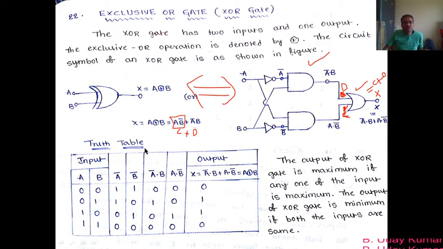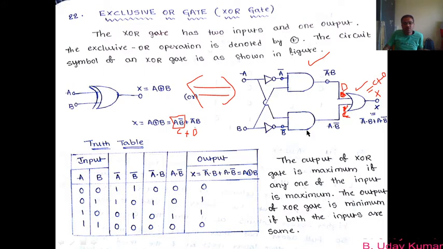So what is a truth table? You already know, we were dealing with truth tables for quite a long time. A truth table is nothing but the table which explains the entire operation of a particular gate. So here we are dealing with the XOR gate, and let us understand its operation with a truth table.